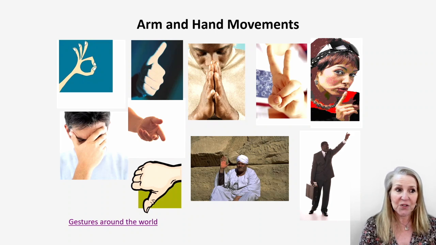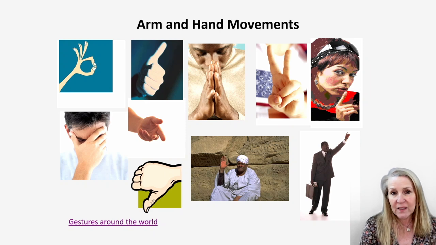The okay gesture is very offensive in Brazil, Germany, Russia, many other countries around the world. For example, in Middle Eastern countries, it's meant to depict a bodily orifice. And in Japan, it means money. And in France, it means zero.